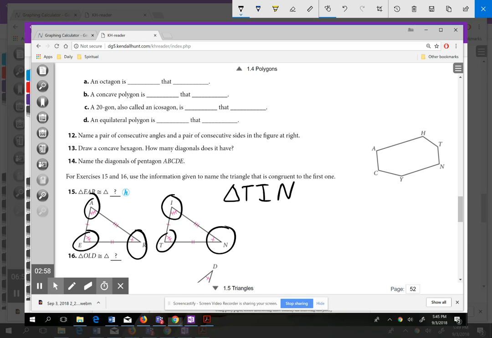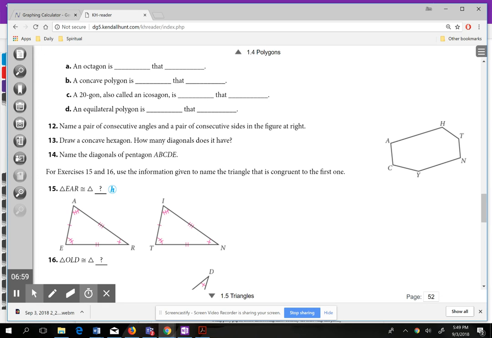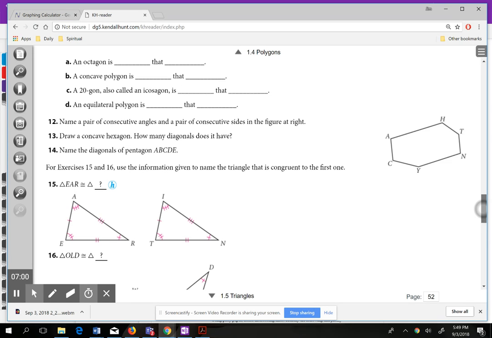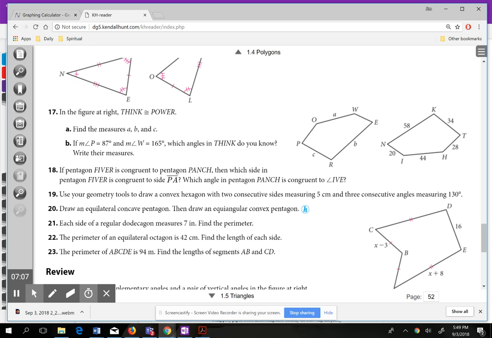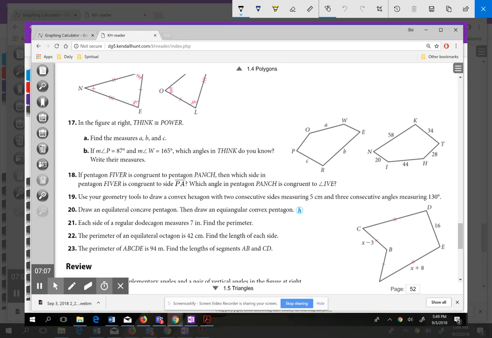Okay, next is 17, and then 21 through 22. So 17 is basically that the polygons are congruent, and then find the measure of A, B, and C. So just let's locate, let's see here.